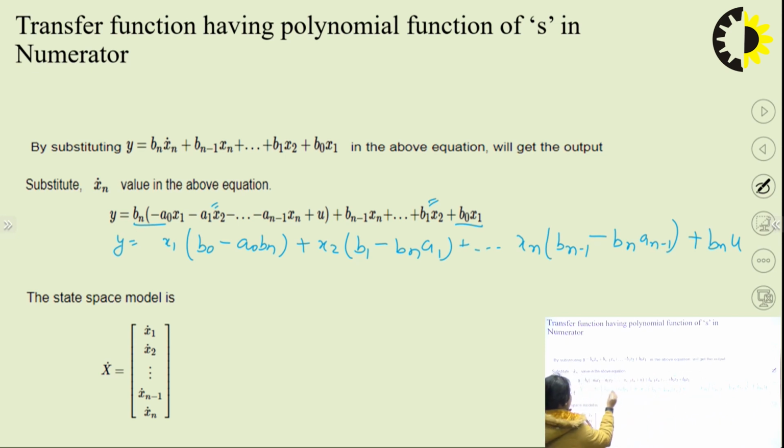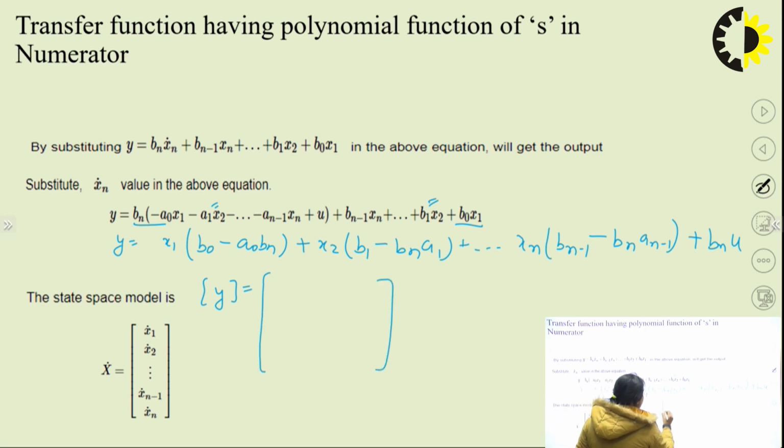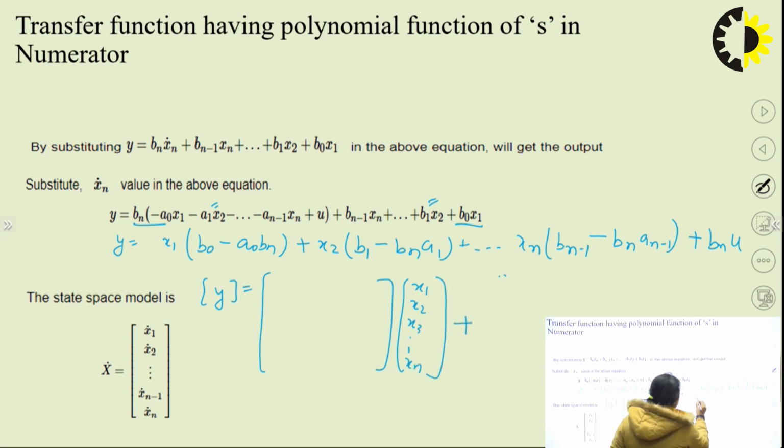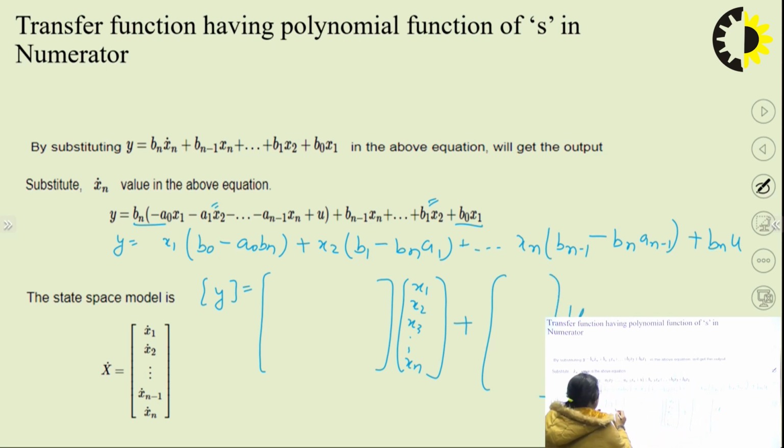So यहाँ से I can make y is equal to c into x1 x2 x3 up to xn, right, plus u, ठीक.